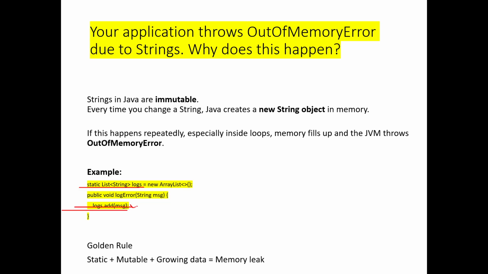Each time you add a new message, it will create a new object, and you defined it here as static. It is also a blunder. As you defined it as static, this list keeps on increasing, so you will end up with an out of memory error. Your memory will be full.